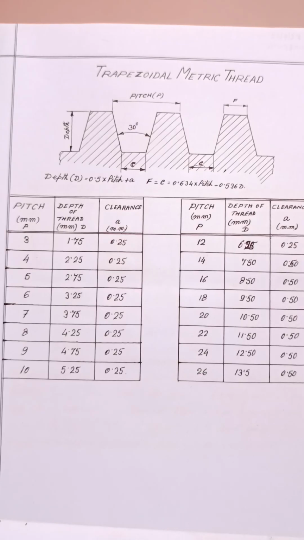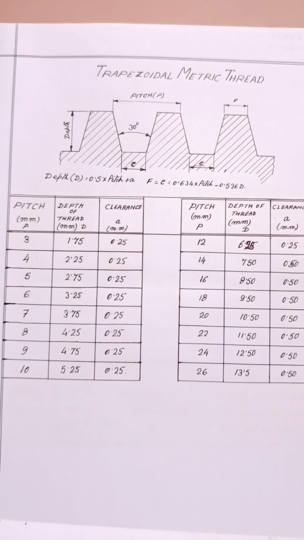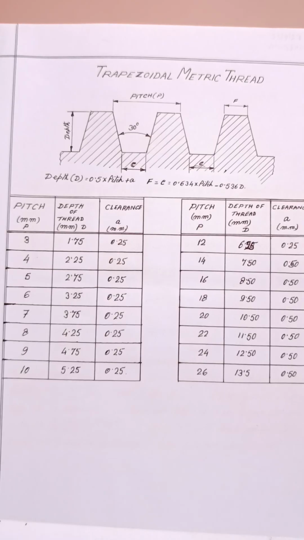This thread is used in different parts of a machine, in heavy duty machines, where the tables are moving on the bed of the machine. It is very easy to slide heavy duty parts on the bed of the machine with the help of a nut.